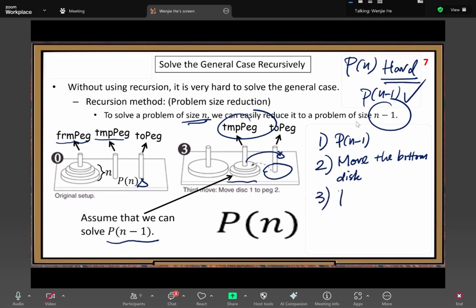Step 3, then we apply P of n minus 1, another one with different destination peg. In this way, you can see we find a solution of this P of n. After these 3 steps. But step 1 and step 3, both are recursion steps.